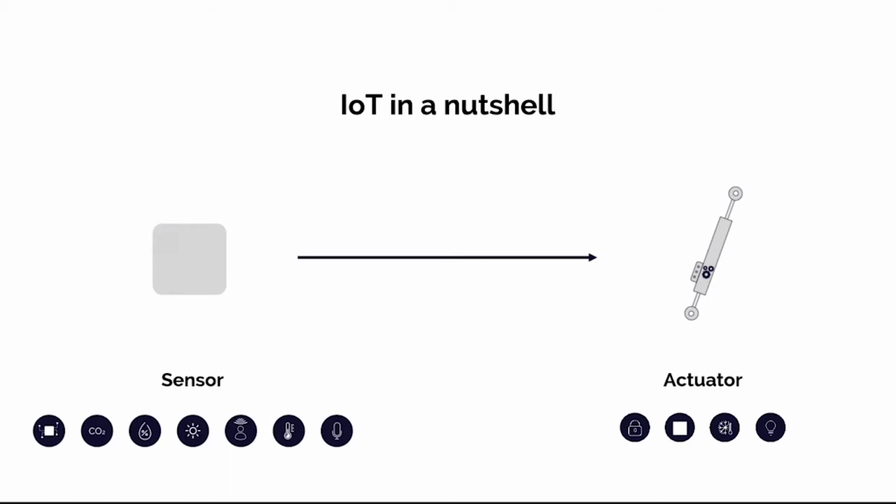So what are actuators? Well, actuators are devices that create differences within the environment. So an actuator can be a light, for example, or a valve, or a ventilator, or something like that. It's a device that turns on and it changes something in the environment.